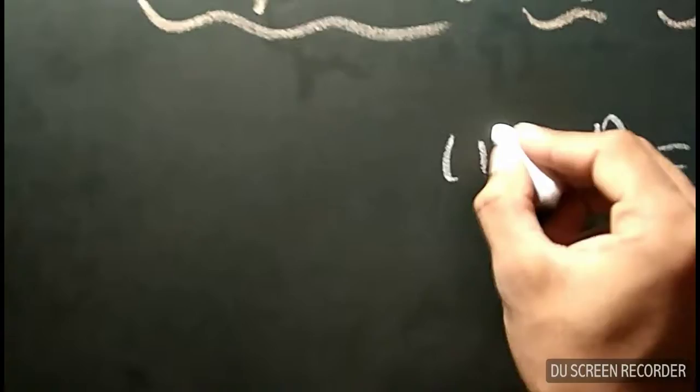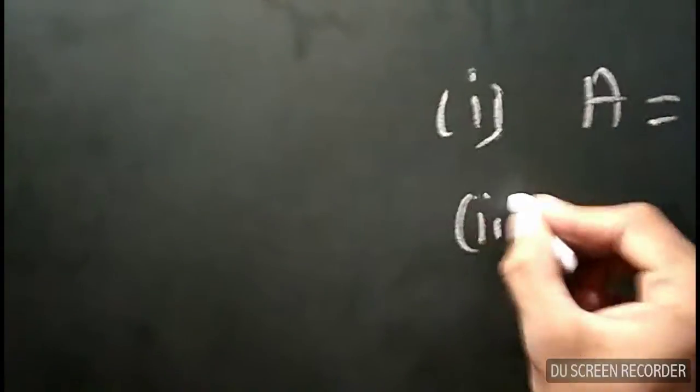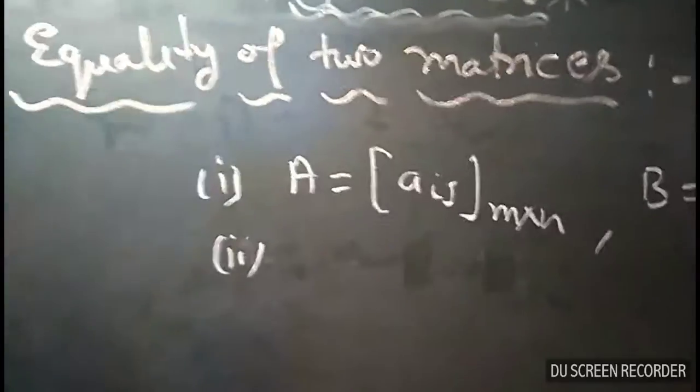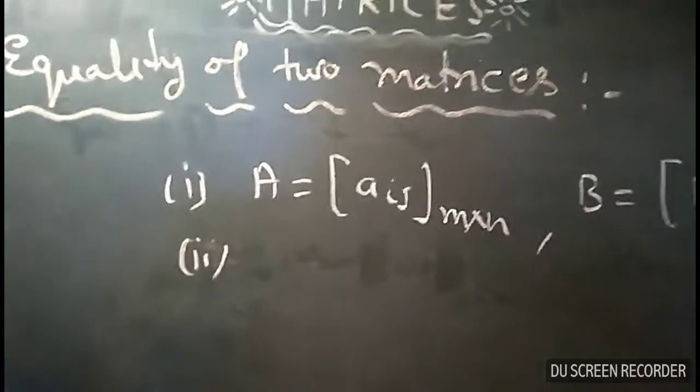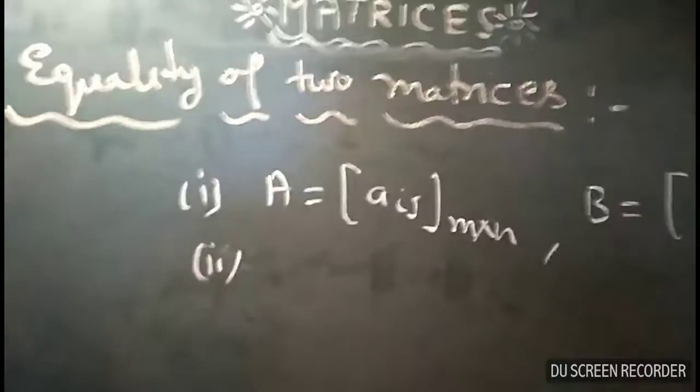The second property for equality of two matrices is that two matrices are said to be equal if and only if their corresponding elements are the same.